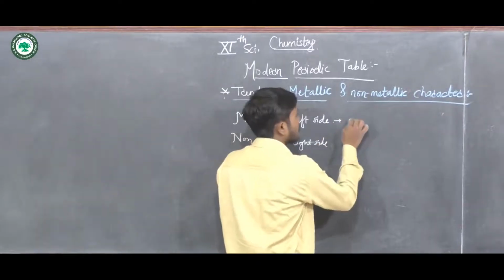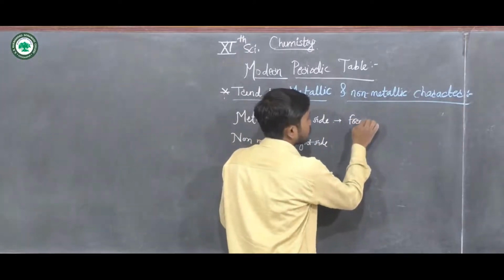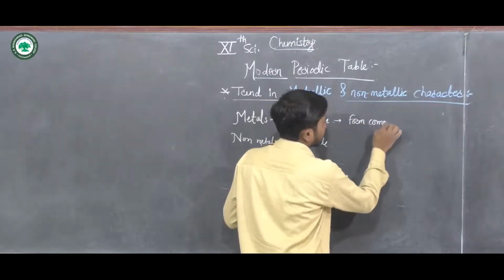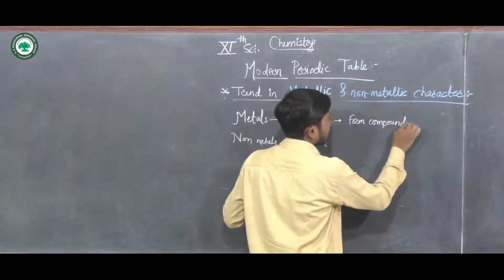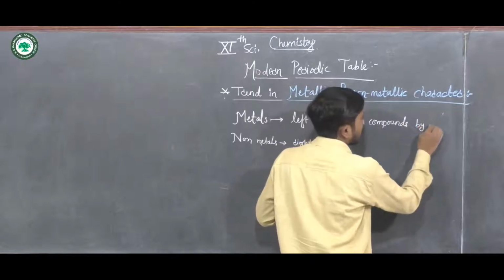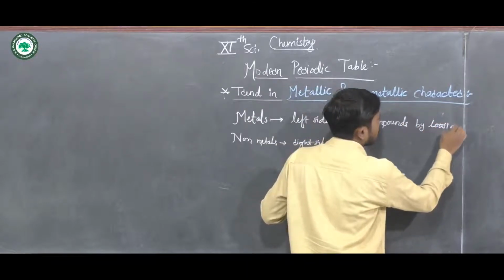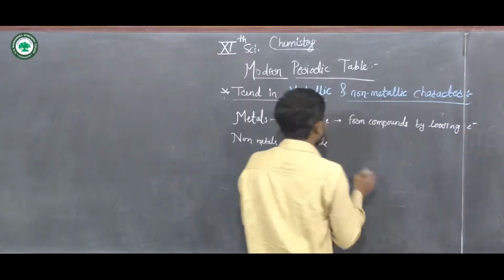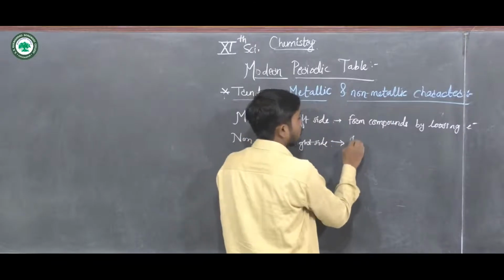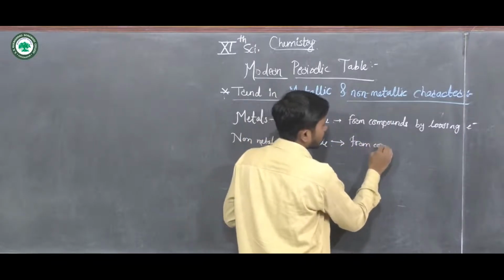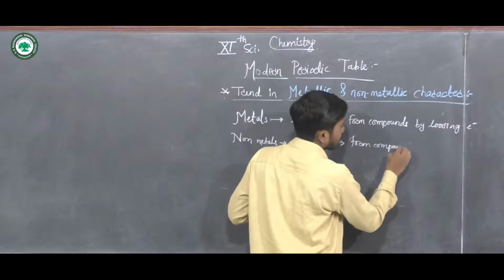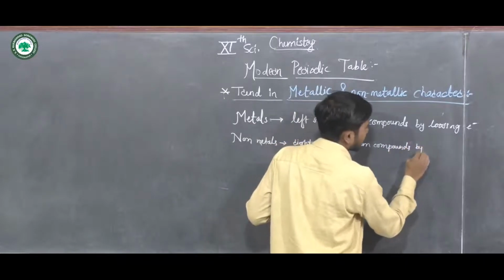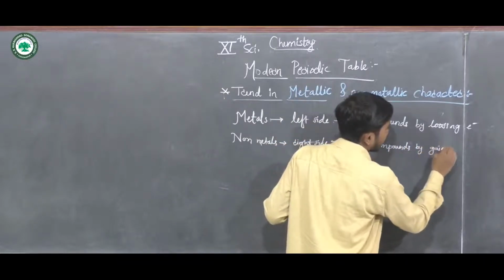Metals form compounds by losing the electron, while non-metals form compounds by gaining the electron.